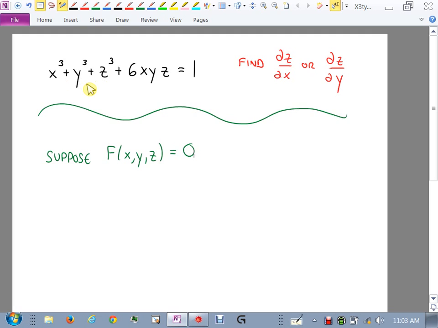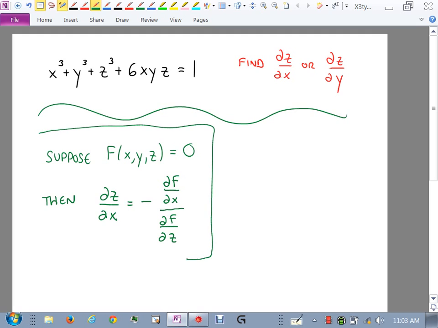Okay, if that's the case, then the partial of z with respect to x will be equal to negative partial of F with respect to x divided by the partial of F with respect to z. Okay, this is a formula right here.